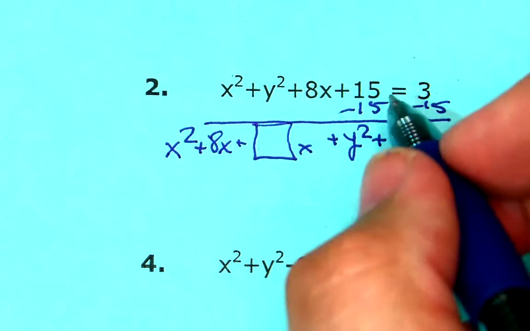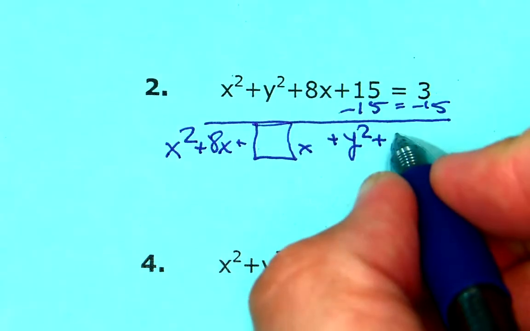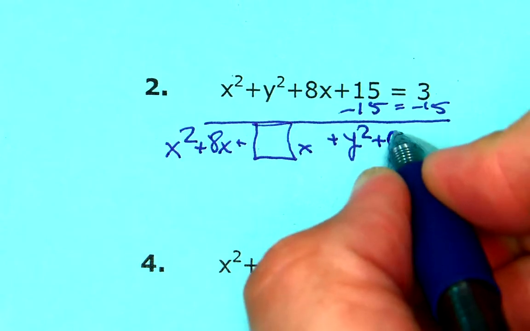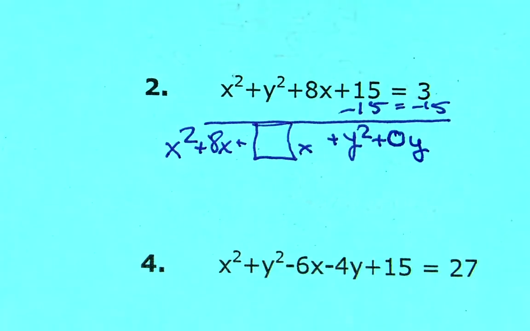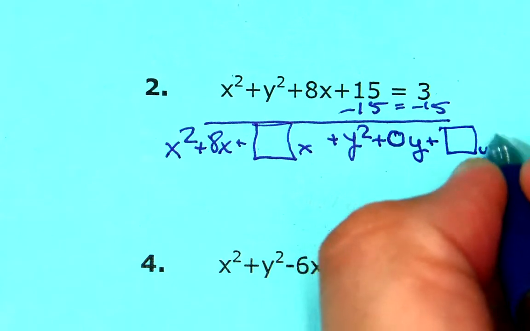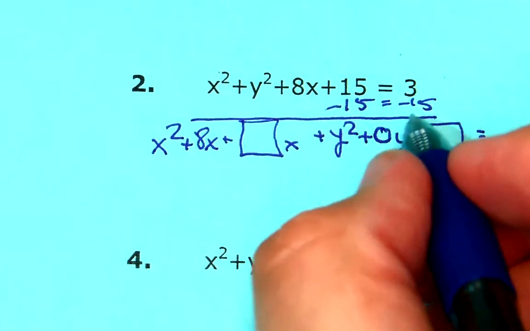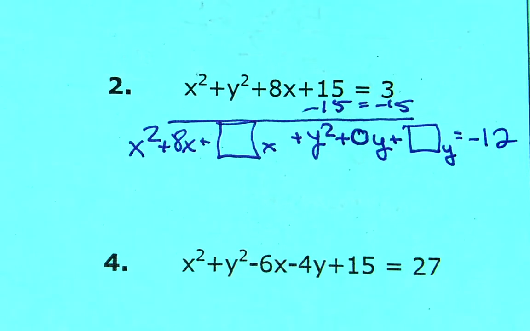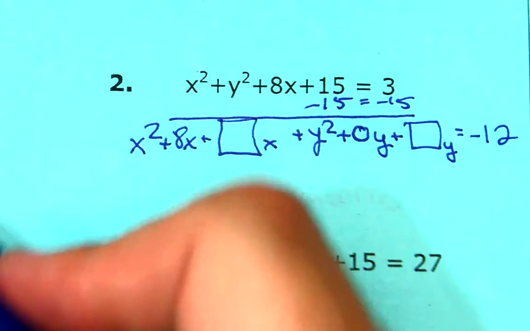No, there's no other y in the problem. If you want to kind of cheat a little bit here, you could put 0y. And what's 3 minus 15? Negative 12. So hopefully this thing works out for us.